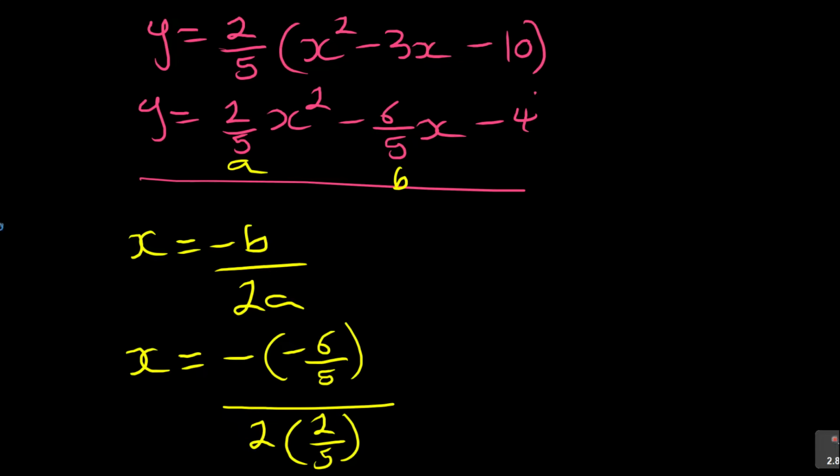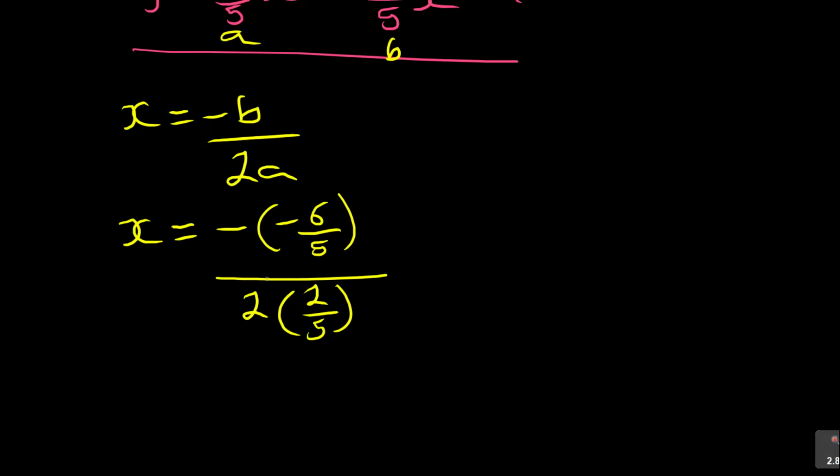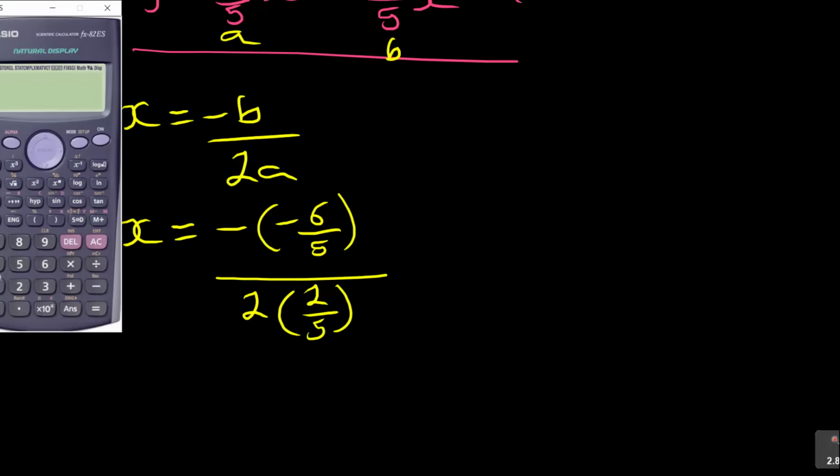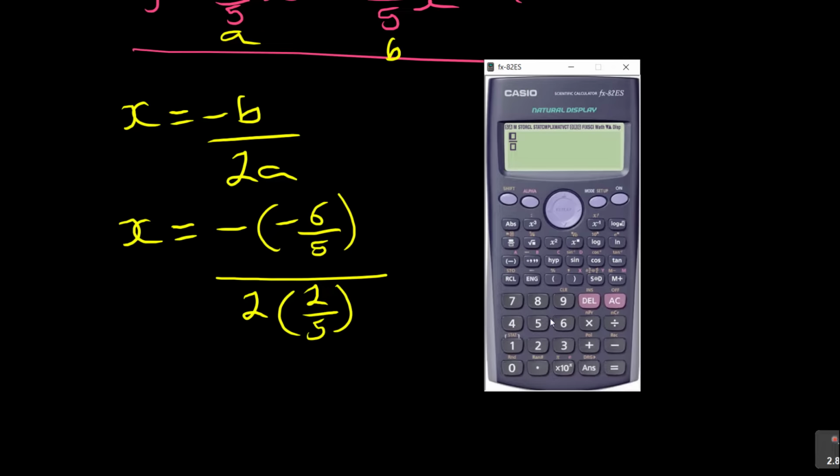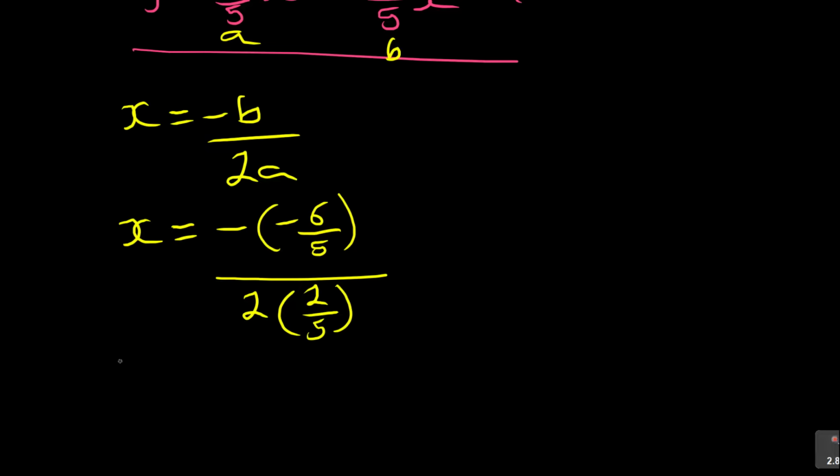There is my a. Then you simplify this. Use a calculator. You don't have to stress yourself here. It will give us the x value, which is 3 over 2. So x is equal to 3 over 2.